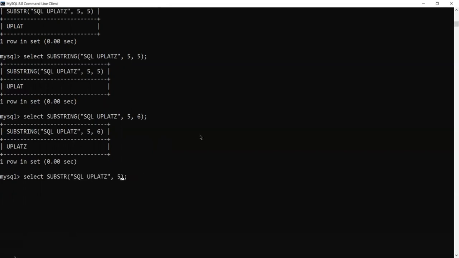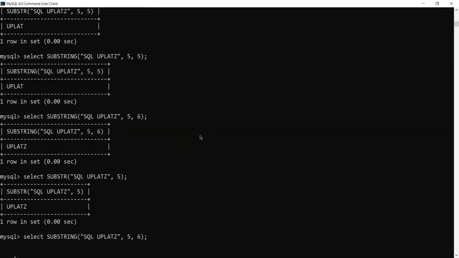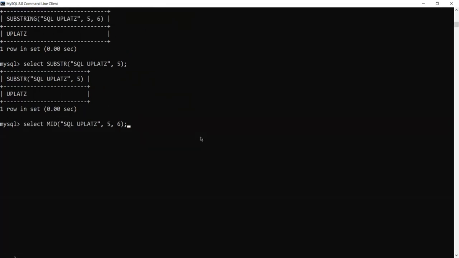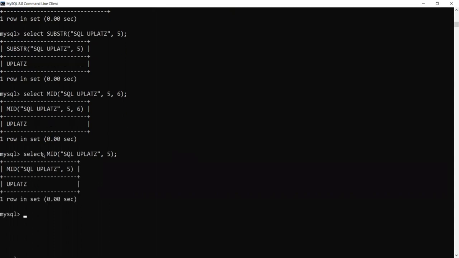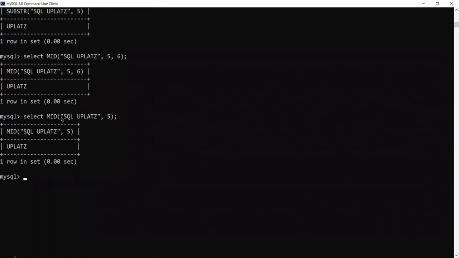Let us try to take this off. Oh, I'm sorry, that's substring. Let me change it to mid. If I take it off, and then I write the mid function here, it gave me the output. If I take this off, it was still giving the output.